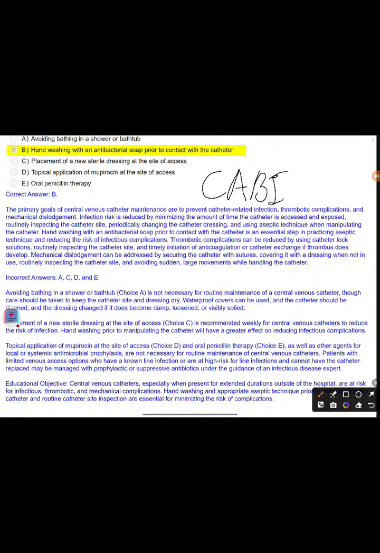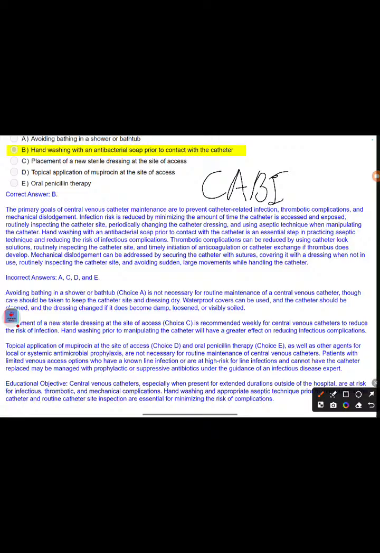Infection risk is reduced, because this is a central venous catheter, by minimizing the amount of time the catheter is accessed and exposed, routinely inspecting the catheter site, periodically changing the catheter dressing, and using aseptic technique while manipulating the catheter. Washing with an antibacterial soap prior to contact with the catheter is an essential step in practicing aseptic technique and reducing the risk of infectious complications.